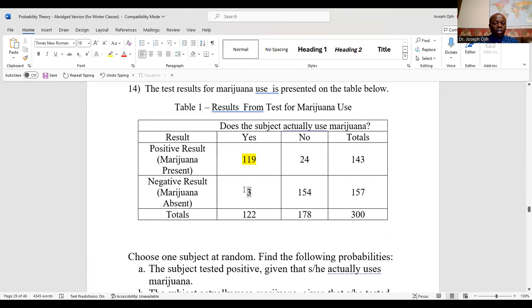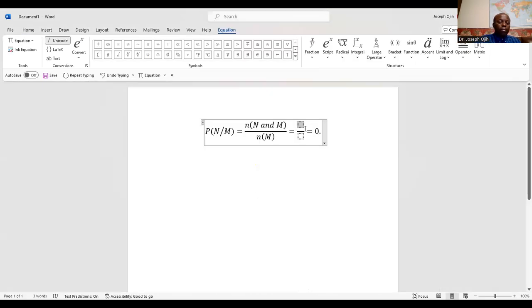So negative and marijuana use is this one here. This one presents a negative test, even though he or she uses marijuana. So we have 3 over the number of points in marijuana use.